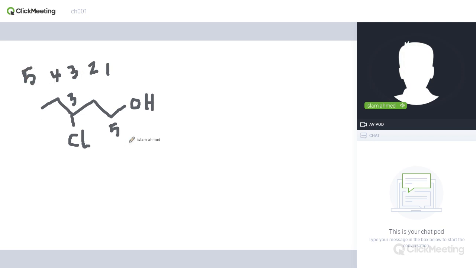Okay, so anyway, we will draw our three parts. Longest carbon chain, we have 5, which is pentan, that's correct. No double bond, no triple bond, so an, as it is alkane.